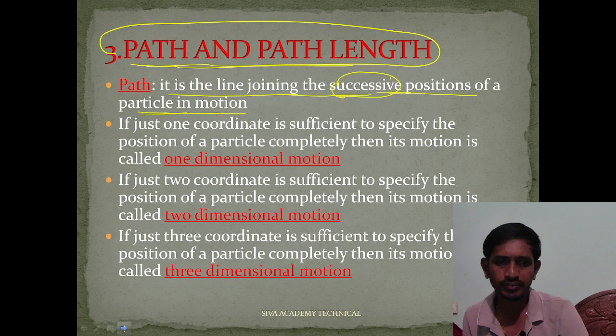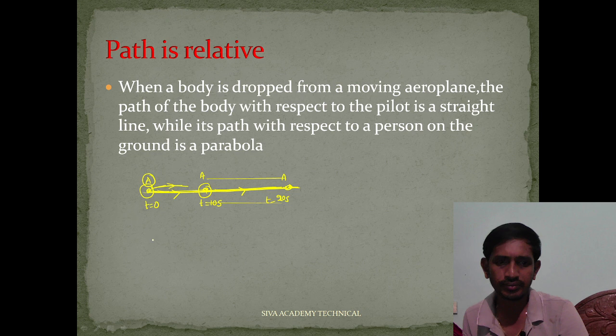Next, if the path is a straight line, the type of motion is called straight line motion. If the path is curved, then the type of motion is called curvilinear motion.